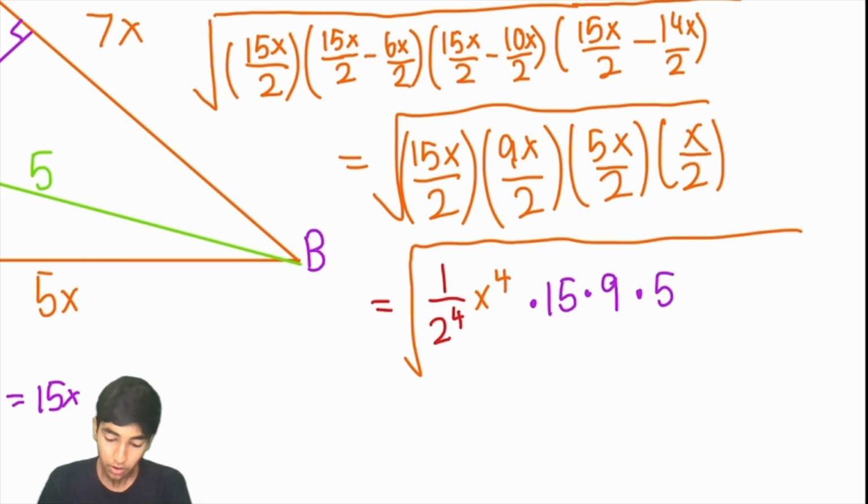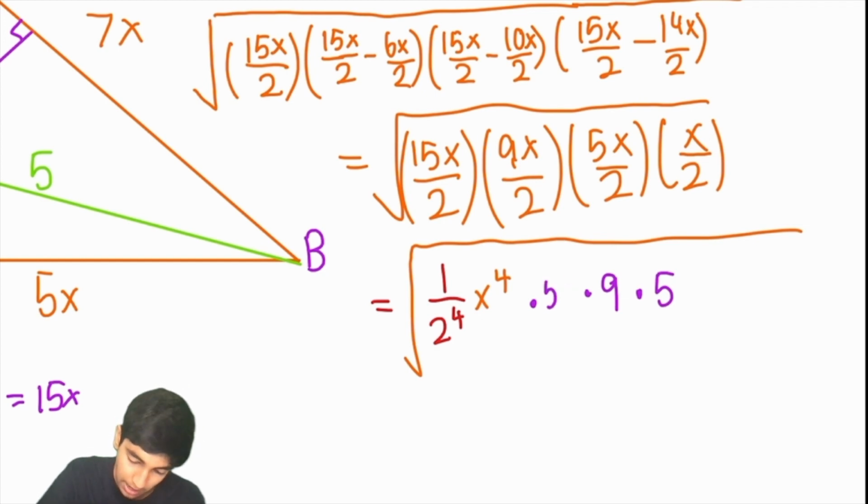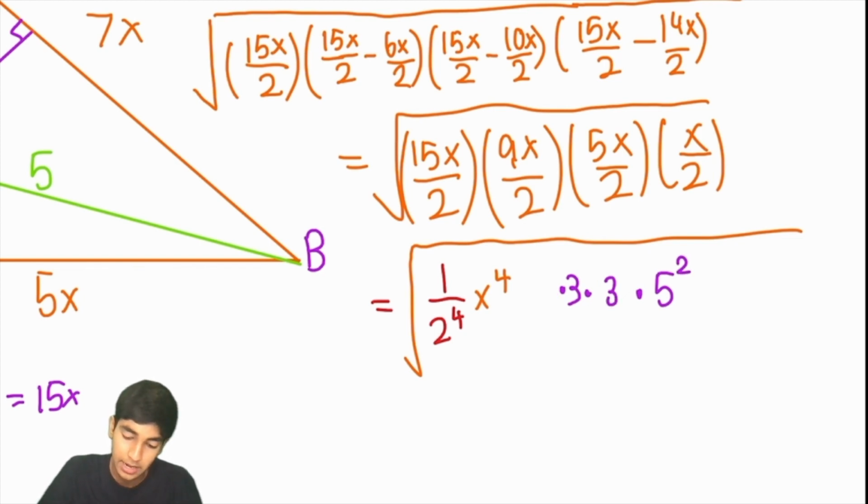Notice how we can rewrite 15 as 5 times 3, and now we can pair up the two 5s to form 5 squared. And 9 is just 3 squared. The reason we're doing this is so when we take the square root, it's something simple.